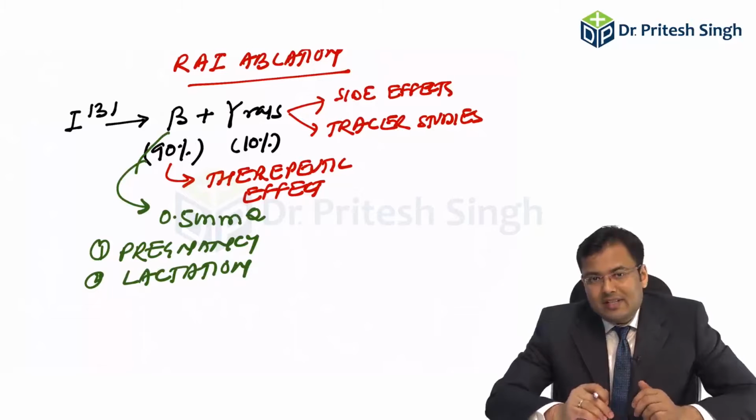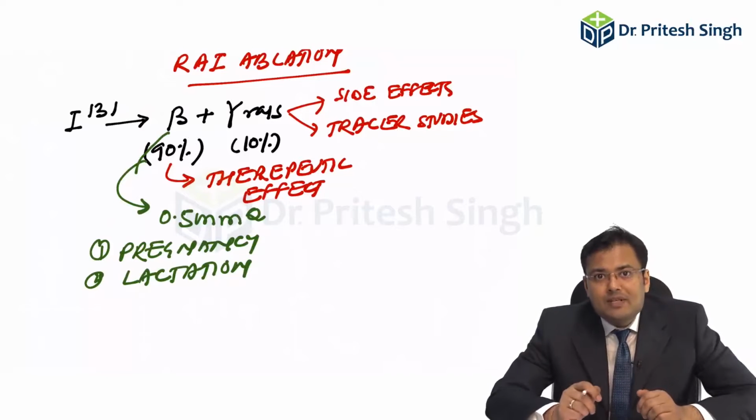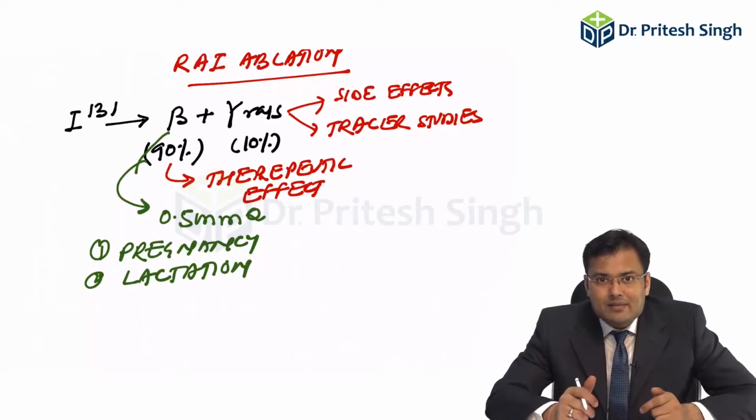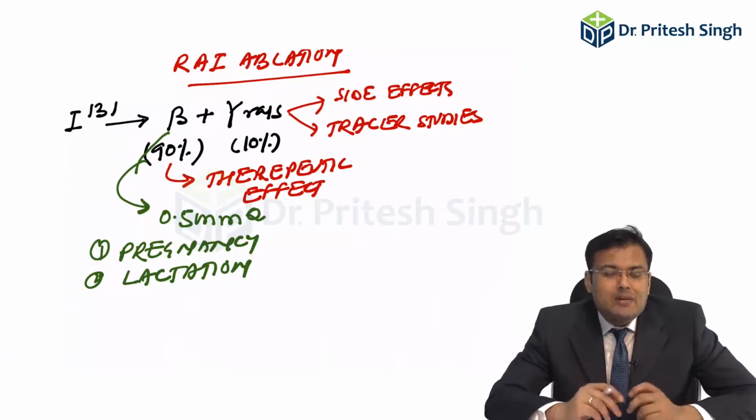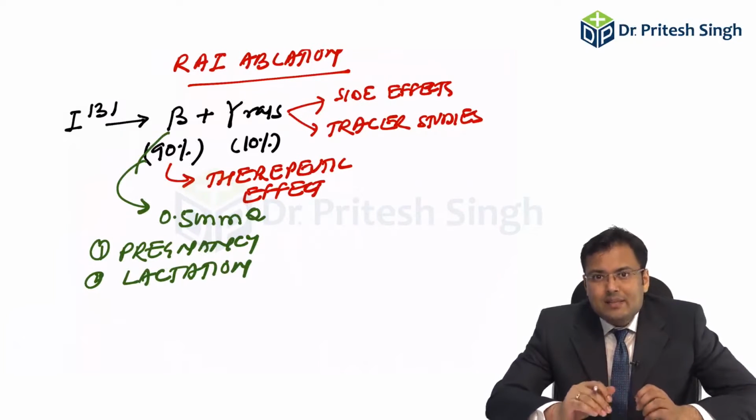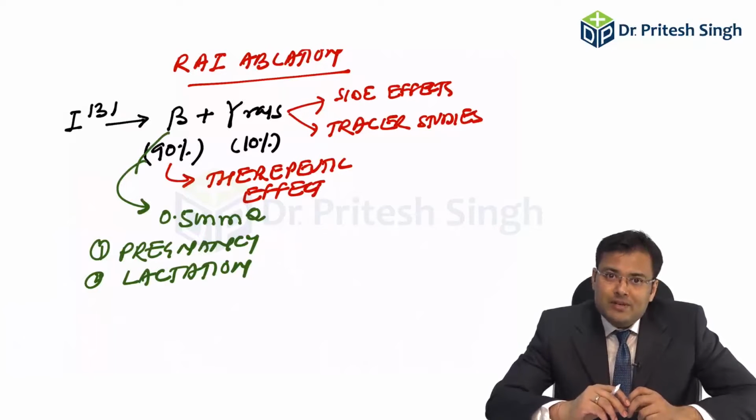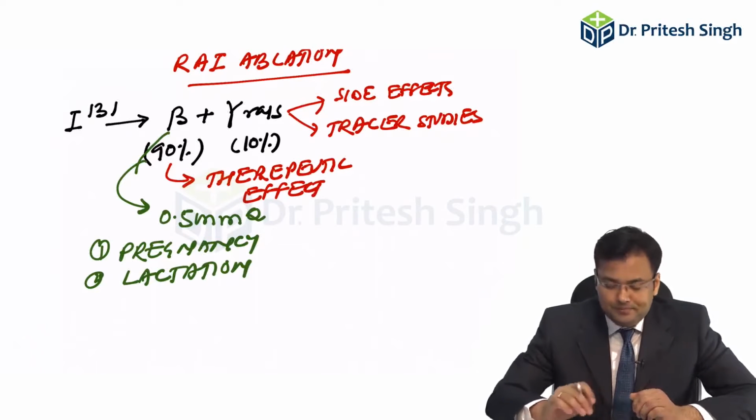Why? Because there is direct exposure to the fetus. Gamma rays are emitted from the patient, and in this pregnant patient or in lactating females, there is direct exposure to the fetus. That's why these are absolute contraindications.